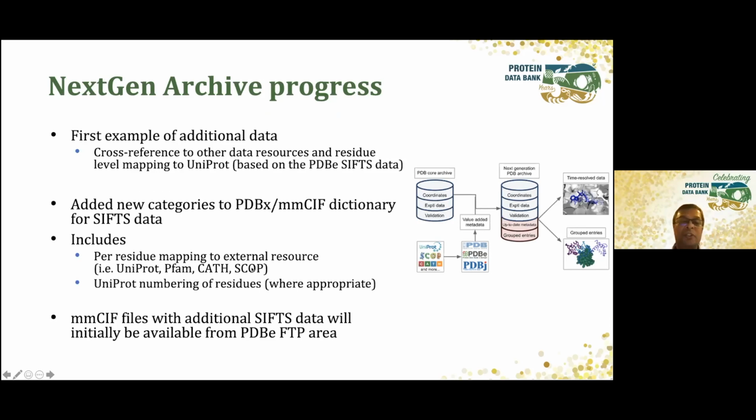That includes the per-residue mapping, the mapping to other data resources. And this, to begin with, will be available from the PDB FTP area until we create this common next generation archive that will then be common to all the wwPDB sites, and it will be the single next generation archive of the PDB.